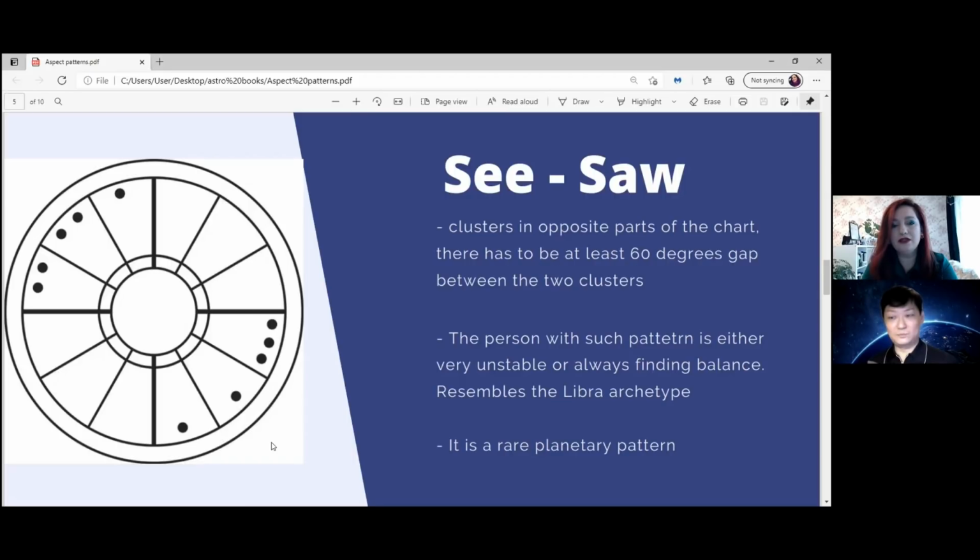And it's usually a rare pattern, we don't see it very often. And there has to be at least a 60 degree gap between the two clusters. But I would say maybe 90 is ideal. Because with 60 we go to another type of chart, and we can get confused with, for example, the Splay, or we can get confused with the Splash. So the more the better when there is a gap.